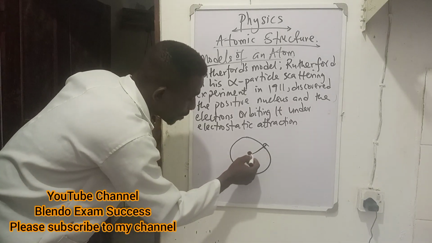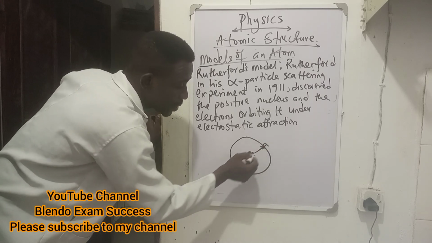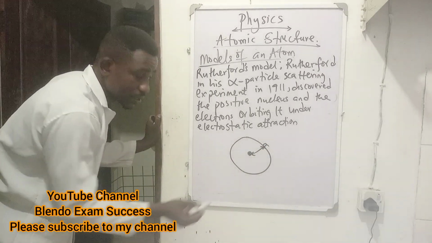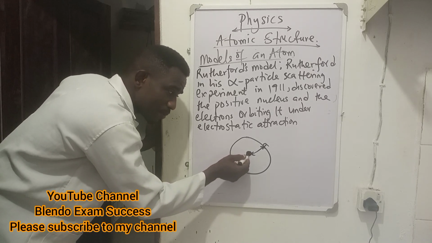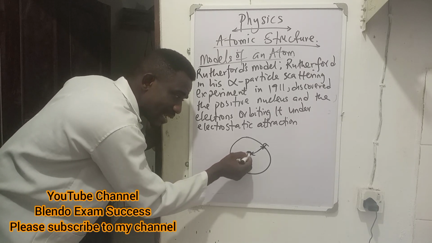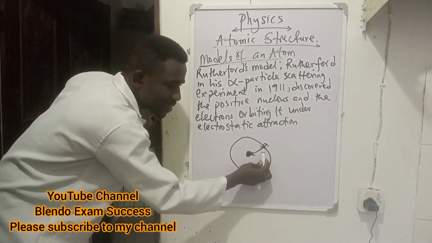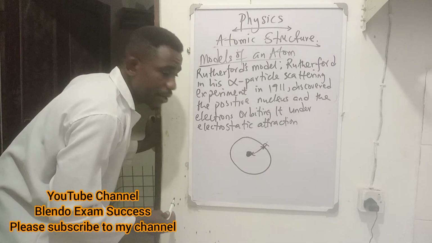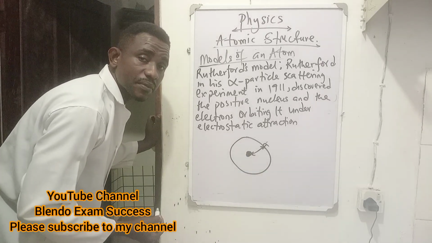The force of attraction between the electron and the proton, because he said that the central positive core is a positively charged particle and attracts electrons, and that electron moves with the speed of light.